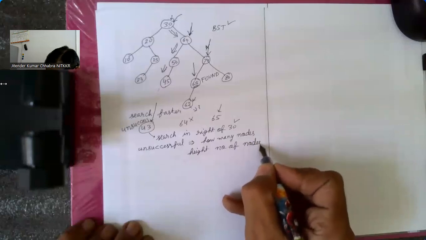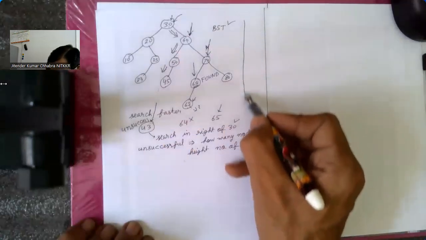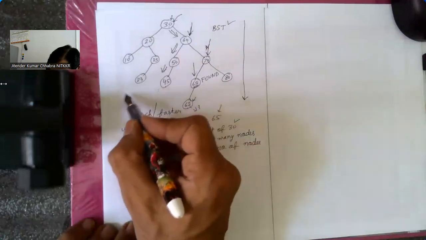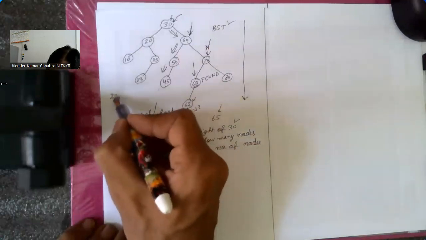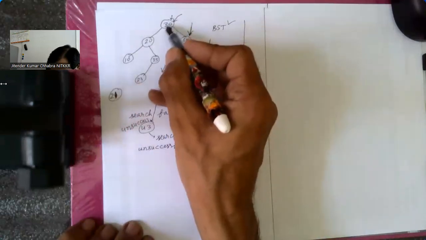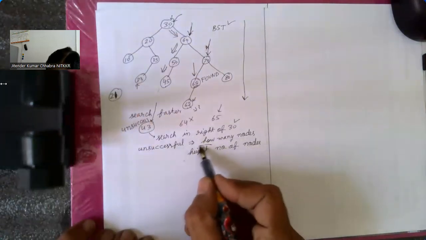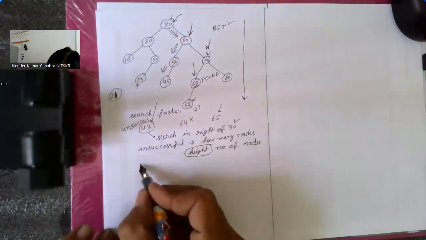For example, if I was searching for 64, maximum up to this height you will come. If I was searching for, let's say, 20 or some value like this, I will say 21. Even in the worst case, I will reach up to this and then conclude. So effectively, height number of times.